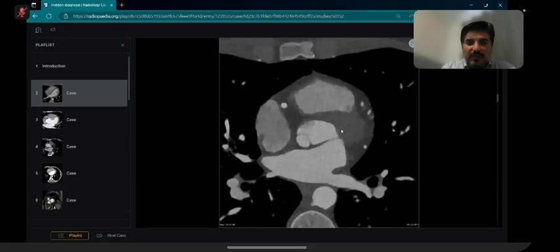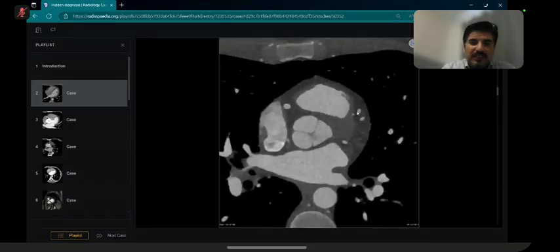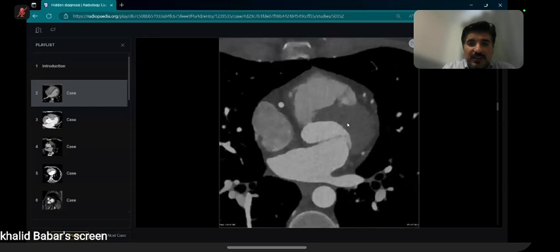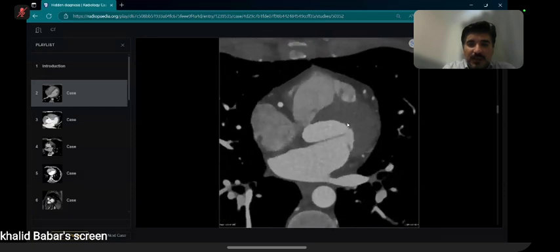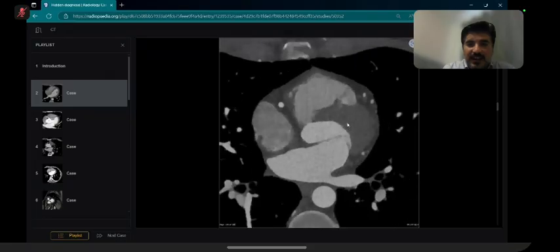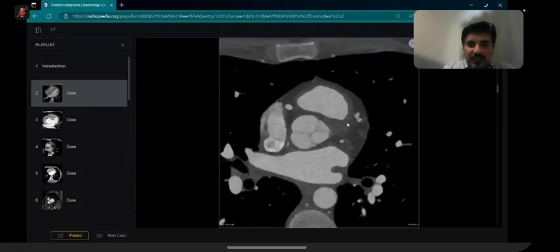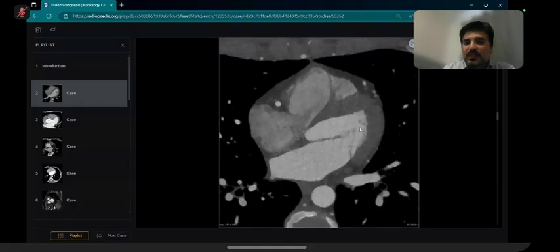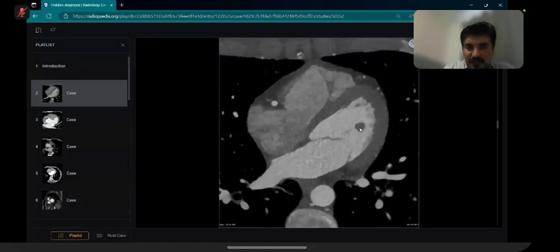It has multiple branches. It has these small septal branches which supply the anterior septum. And also it has some diagonal branches. Like this is a diagonal branch which supplies the anterior surface of the left ventricle.